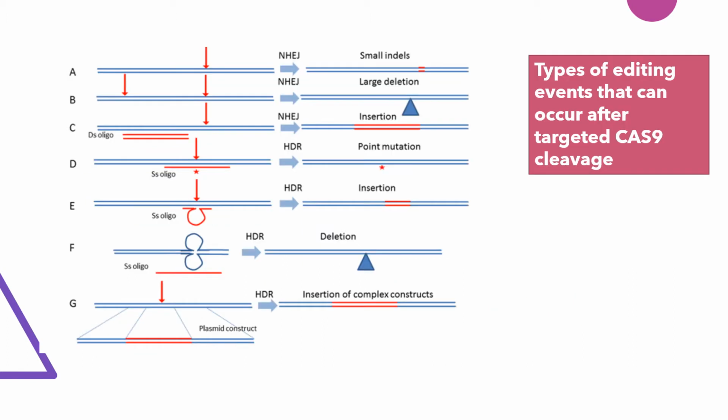Okay, so what's next? Once we've had the cut, now we'll talk about the types of editing that can occur after that. Again, it all starts with the targeted cut with the Cas9, which is indicated here. So the first thing is we have a single targeted cut someplace in the genome, and we don't put in a repair template, just do the cut. The natural way that'll be repaired in mammalian cells is non-homologous end joining.